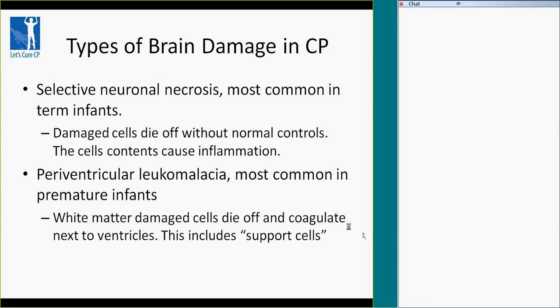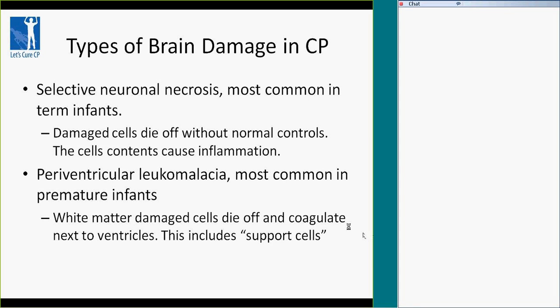But with necrosis, the cell just dies, and there's no warning system for the body to clear that up. And so the cell contents can leak out. It can cause inflammation and other problems because all of those cell contents have now leached out, and you've got improper signals in that general area.